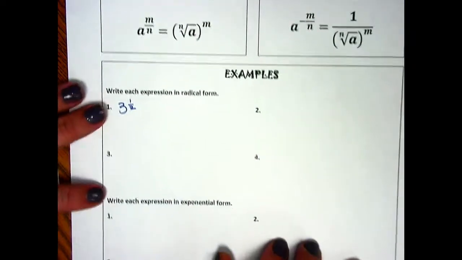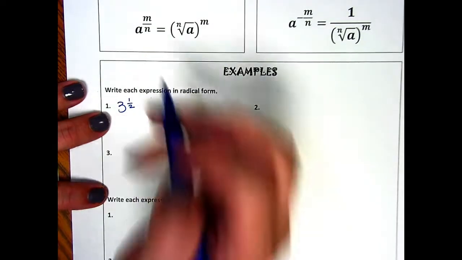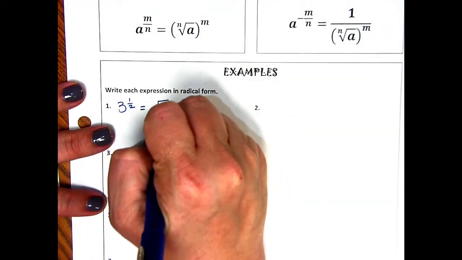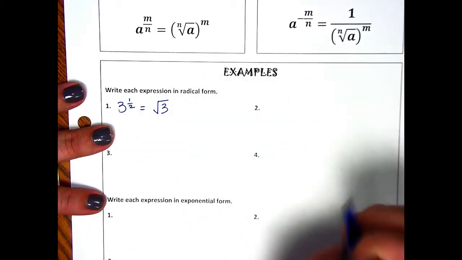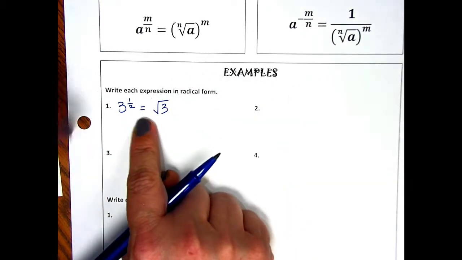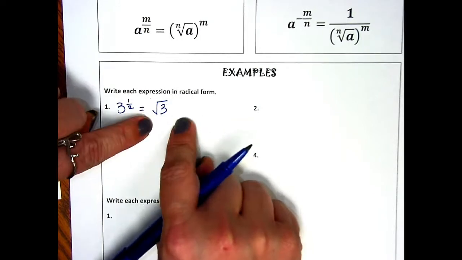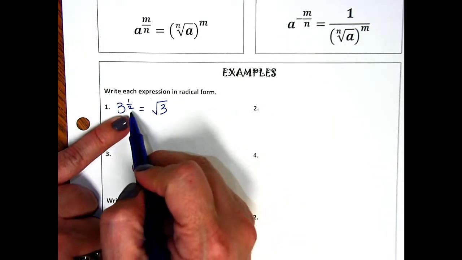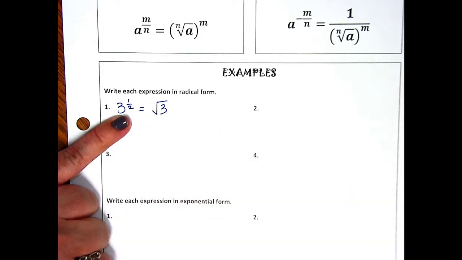Okay, so if I write 3 to the 1/2 as a radical, you can start out by just putting the 3 inside the square root sign, and then the top number becomes the power. Well, that's a 1, so we're not going to do anything. And because this is a 2, and we assume there's a 2 there, the answer is just radical 3.